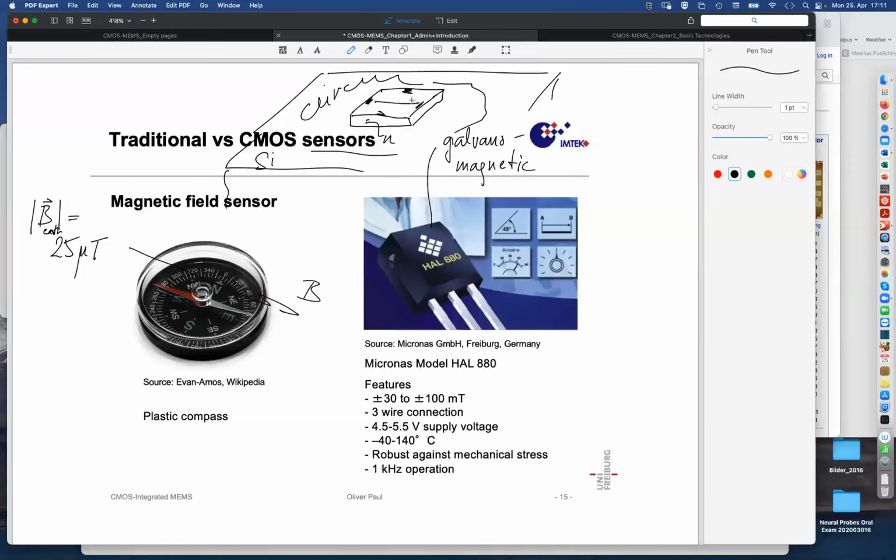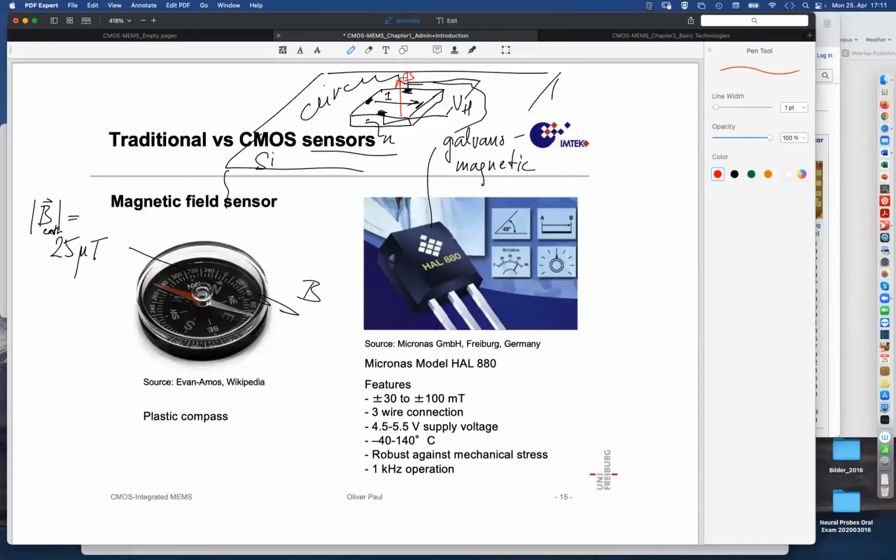Then a current is sent through the device, and a Hall voltage can be measured between these orthogonal contacts, when a magnetic field B pervades that chip.